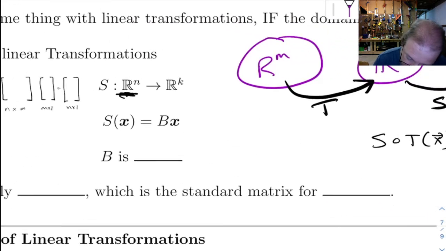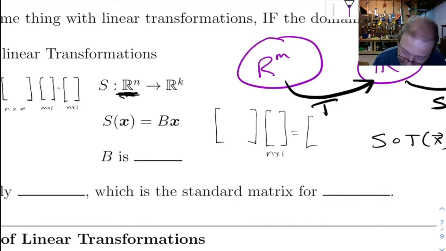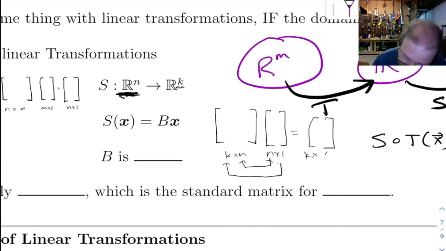And similarly over here, we've got a matrix. It's going to take an input of something that's n by 1, and the output is k by 1. So this has to be a k by n matrix. That way these match up. So this is k by n.